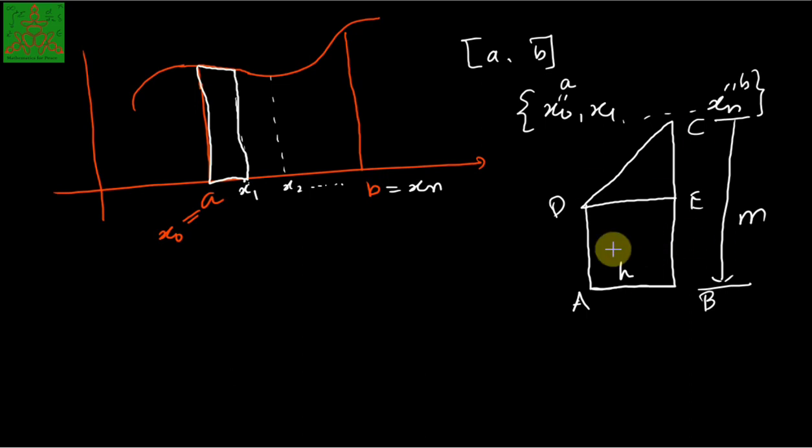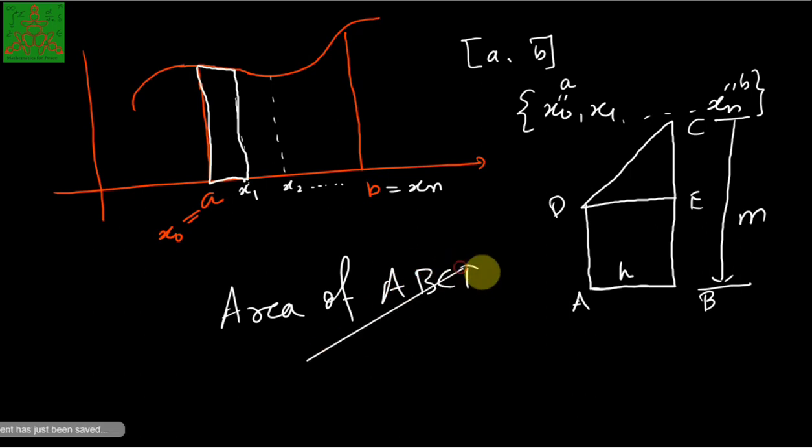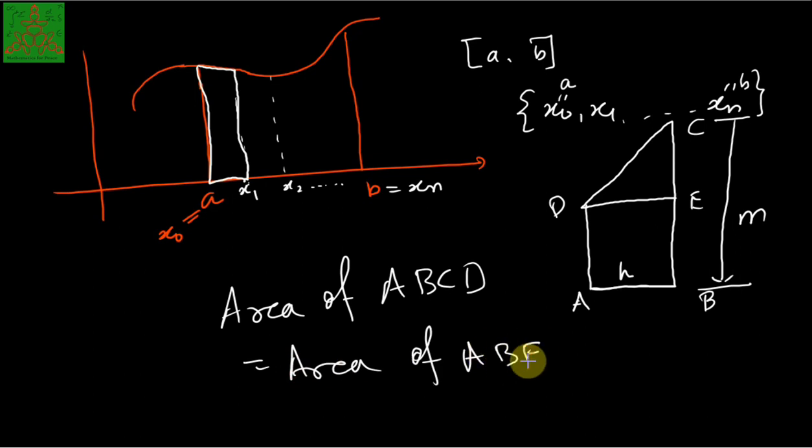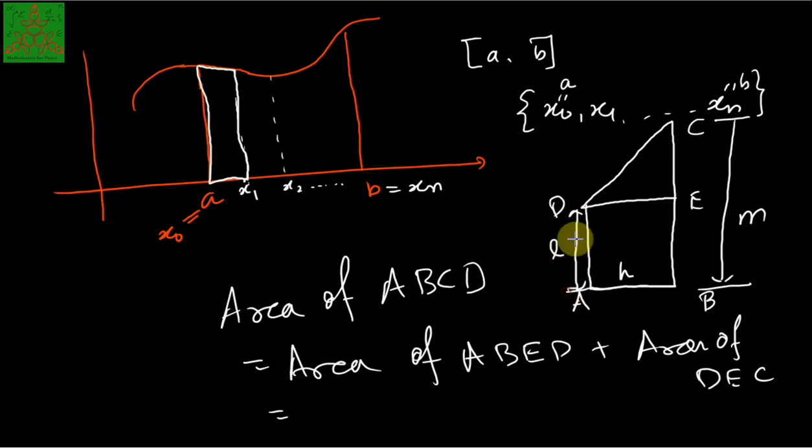then the area of this trapezoidum ABCD is equal to the area of ABED plus the area of DEC. Now what is the area of ABED? If this is the height of this rectangle, L, then it is H into L, plus the area of DEC, that is 1 by 2 into the height into the base.